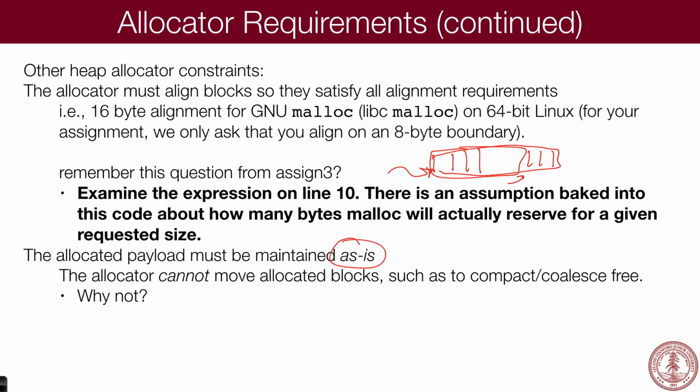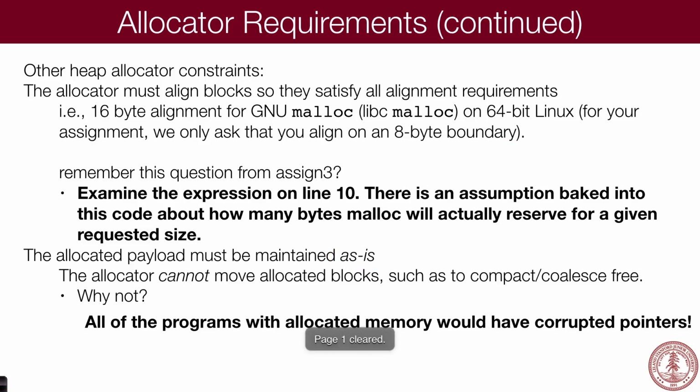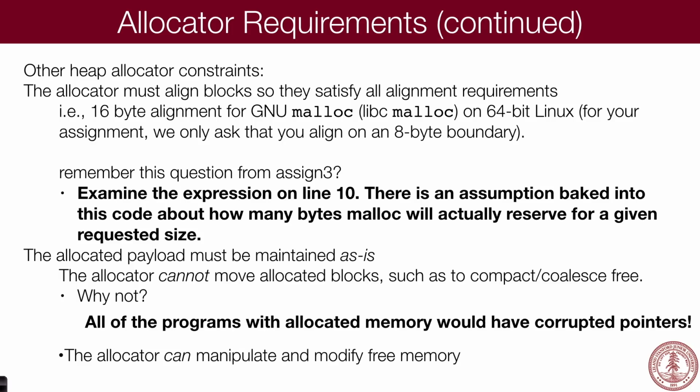Probably been thought about before, but that's the exact reason. The programs that already have allocated memory are expecting that memory location to stay the same, and so you can't corrupt that by just willy-nilly saying I'm going to update that. Okay? The allocator can manipulate and modify free memory all at once, right?